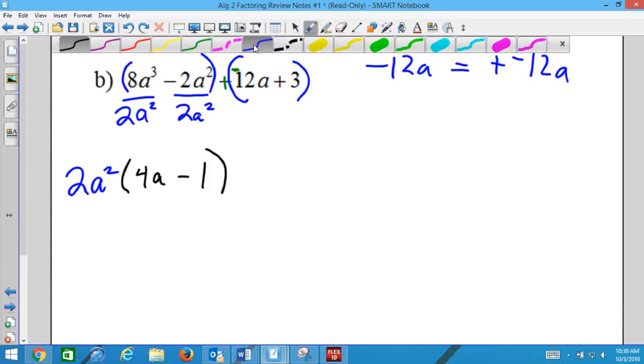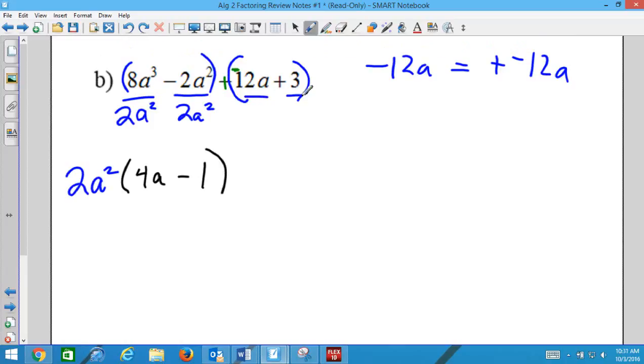Now we're thinking ahead. After I take something out of the second parentheses, it has to match 4a minus 1. Right now it's negative 12a plus 30. What can I take out? 3. If I take out 3, that's not going to change negative 12 into a positive 4.